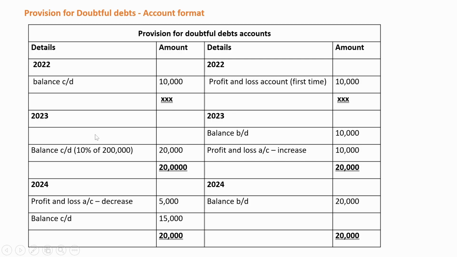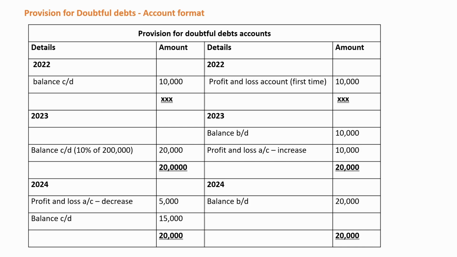On the opposite side, record the balance carried down. And the balance carried down, it is the provision the business is making in the current year, which is 10% of the accounts receivable for this year, 200,000. So 10% of 200,000 gives us 20,000.